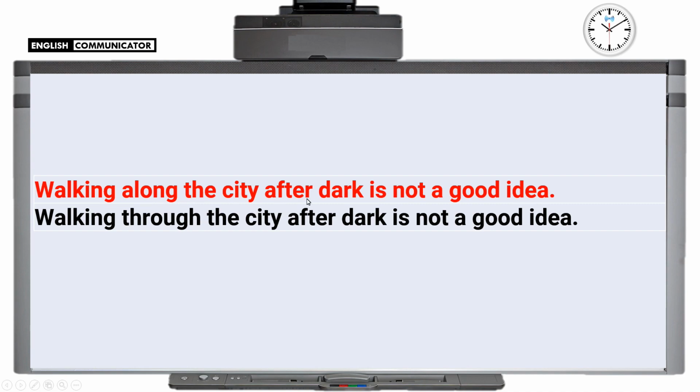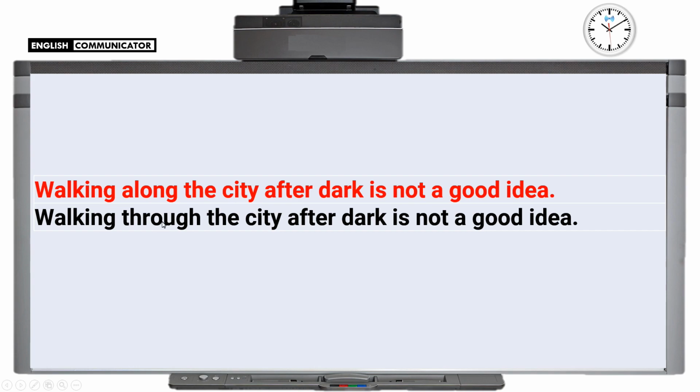Walking along the city after dark is not a good idea. Okay, and let's see what's wrong here. Walking through the city after dark is not a good idea. The difference is actually with through.